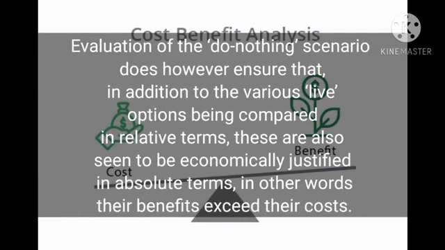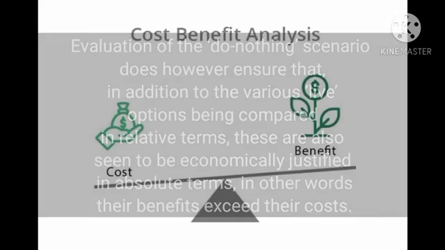Evaluation of the do-nothing scenario does, however, ensure that in addition to the various live options being compared in relative terms, these are also seen to be economically justified in absolute terms. So in other words, their benefits exceed their costs.